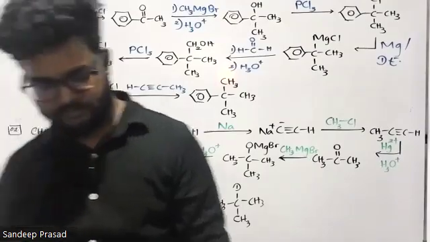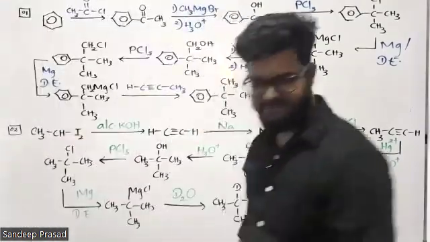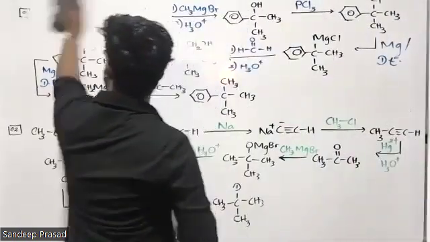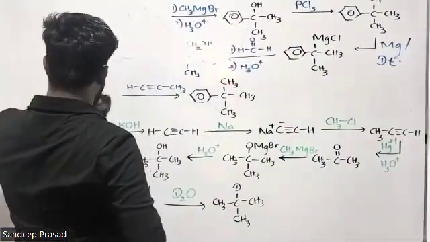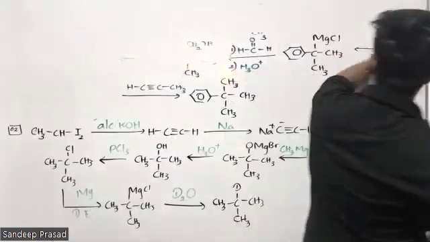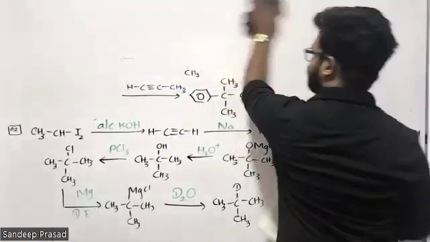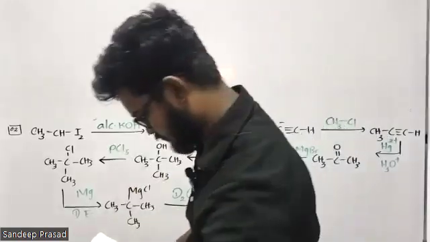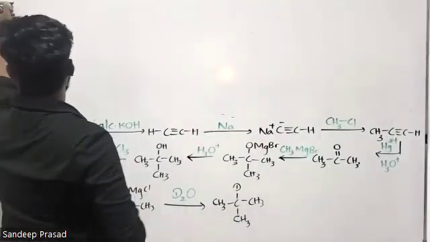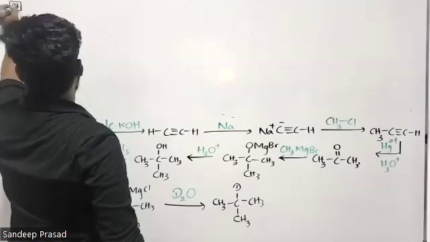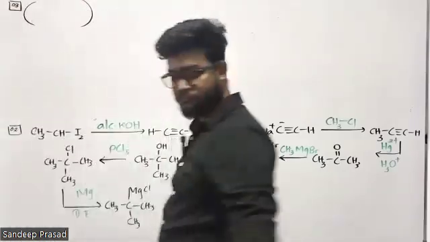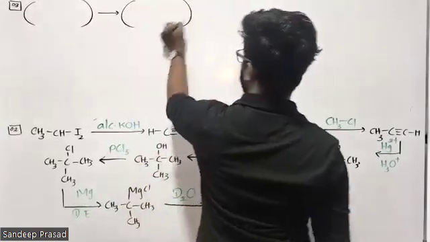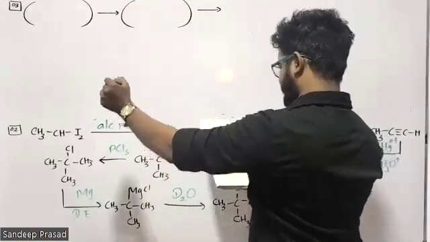Shall I erase the first one? Are we done with the first one? PCl5 is added here.